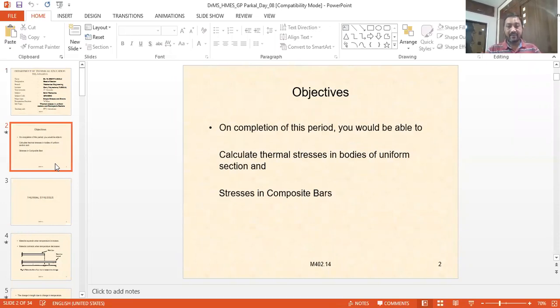At the end of this lecture, we will be able to find the thermal stresses in bars of uniform cross section, and also calculate the thermal stresses in composite bars, and we'll learn some of the definitions related to thermal stresses.